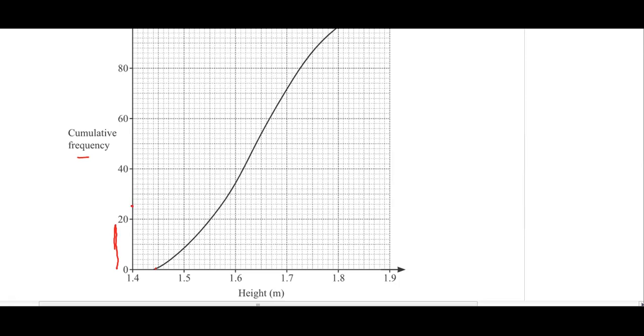From 25, draw the line where it will go here, and then from here, I have to go down. And which value is that? This value is 1.51, 52, 53, 54, 55, 56, 57. So this is 1.57.